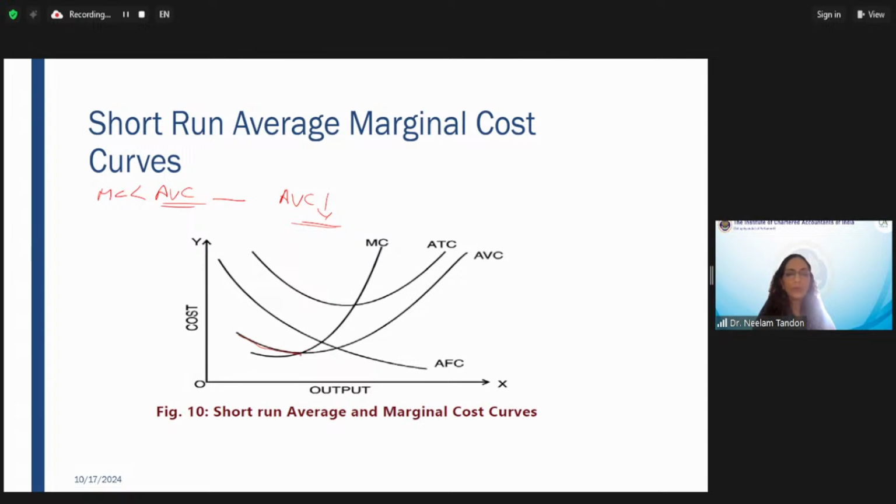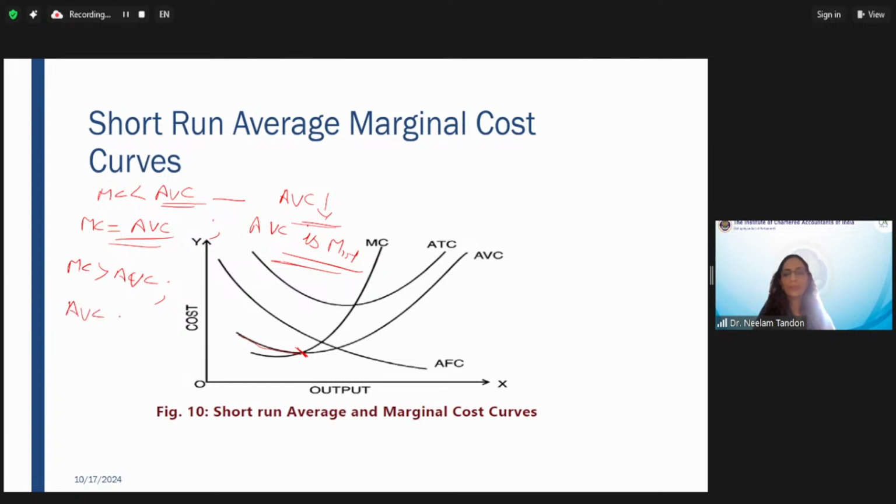Okay, when marginal cost intersects the AVC, when marginal cost is equal to AVC, what do you see here? Here AVC is minimum. When marginal cost is greater than AVC, what will happen?